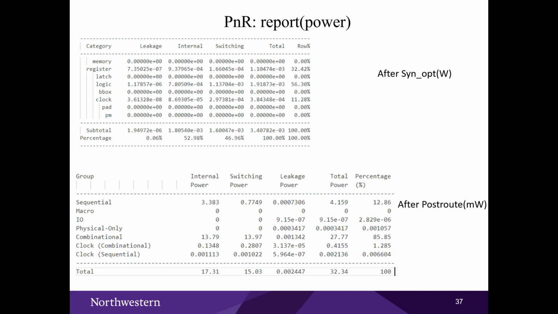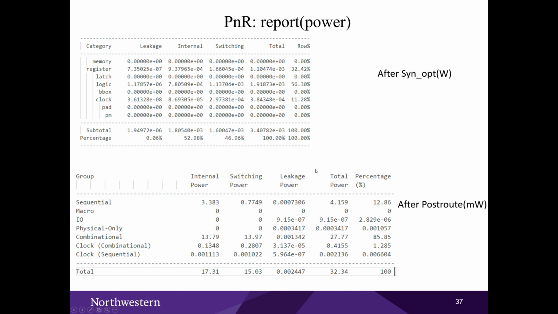In terms of power, we got these two reports, and the one below is what we got after post route. The unit of it is microwatt, and the unit of the report after SynOpt is watt.